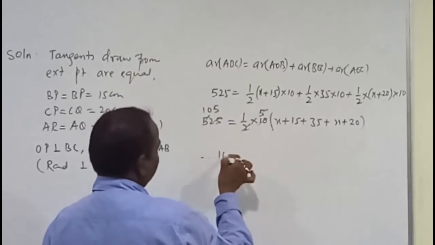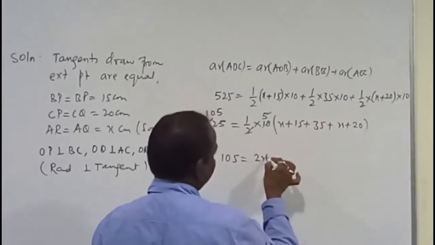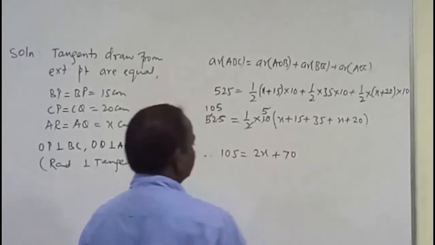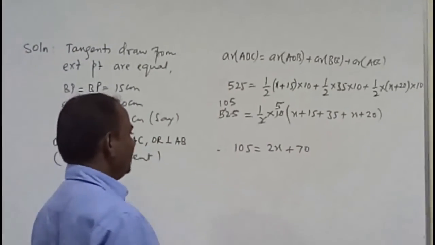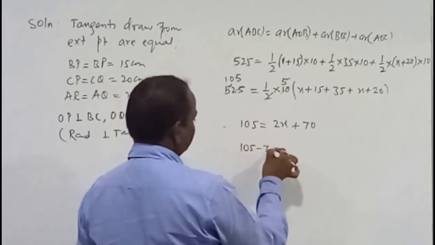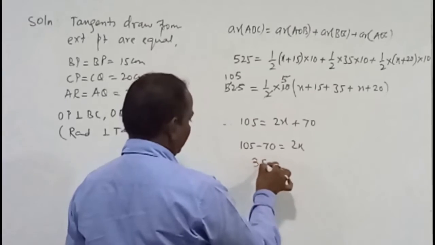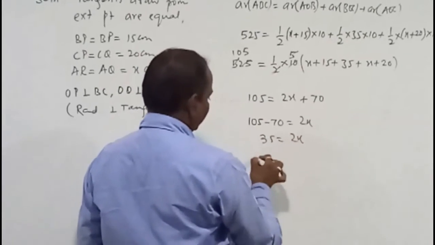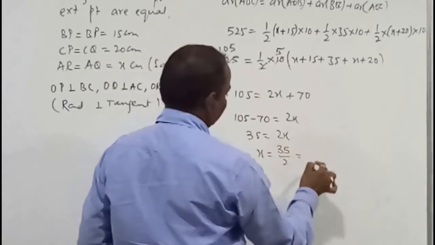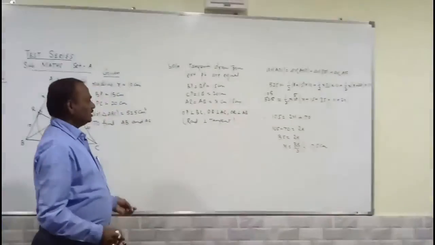So I get 105 is equal to X plus X is 2X, 15 plus 35 plus 20 is 70. So now I need to find the value of X. I transpose 70 over here. I get 105 minus 70 is equal to 2X. Here I get 35 equal to 2X, and I can say therefore X is equal to 35 by 2, that comes as 17.5 centimeter. So I have got the value of X.